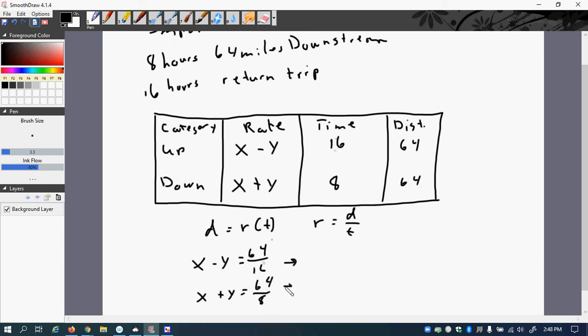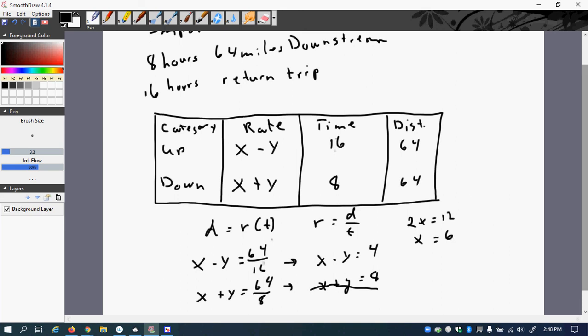We can simplify that: x minus y equal to 4, since 16 goes into 64 4 times, and then x plus y is equal to 8. Now I can add my equations together, so I get 2x equal to 12, so x is equal to 6.